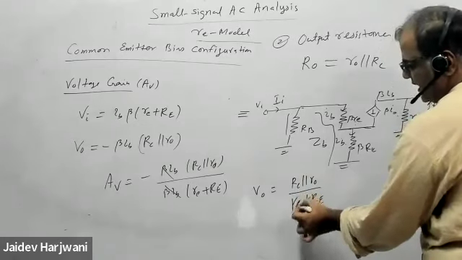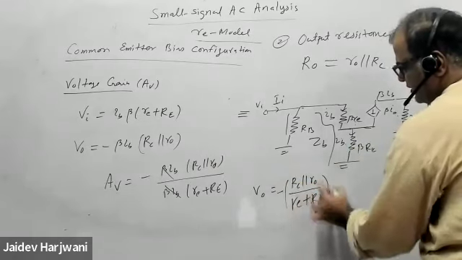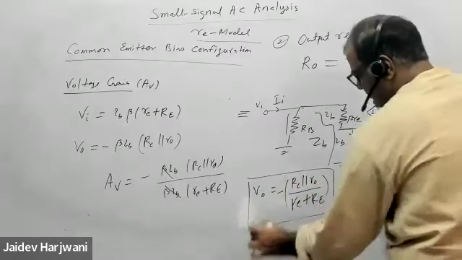So earlier it was only RE, now plus RE is there. So RE plus RE, the top thing is the same. So you don't have a problem remembering formulas also.